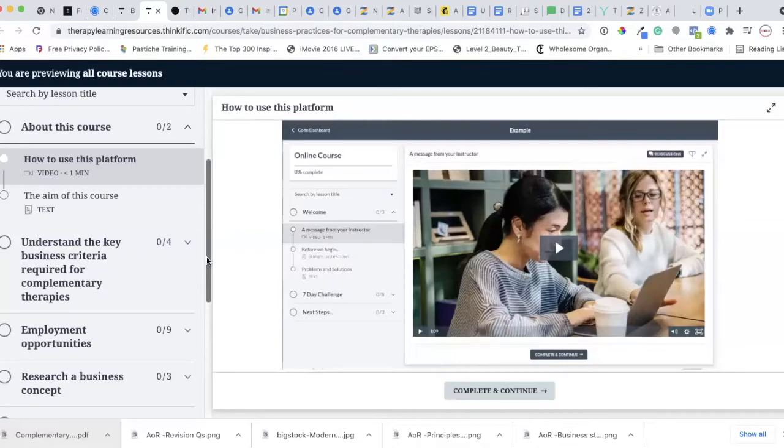So there are a number of sections in here, some of which need your understanding so that you can dismiss them. For instance, you need to understand the business structure of a sole trader, a limited company and a partnership, so that you can dismiss the ones that aren't relevant for you.